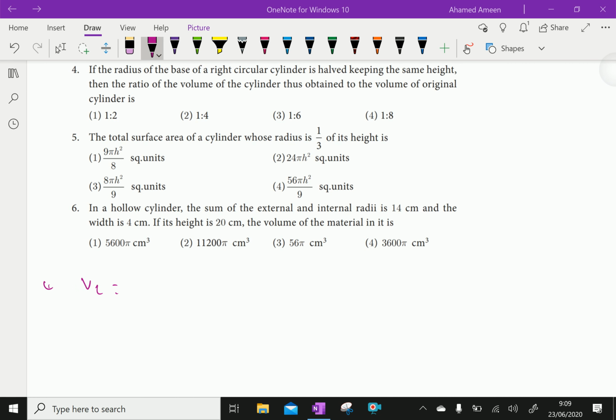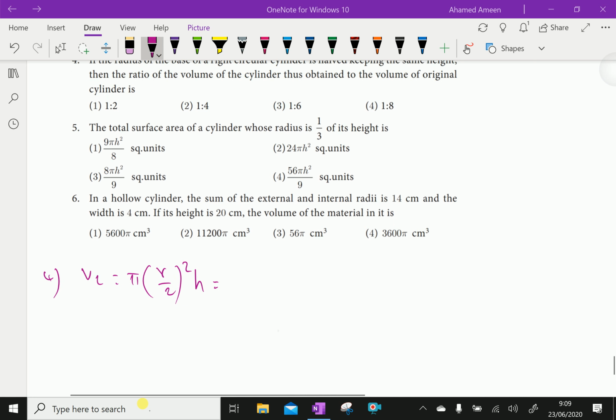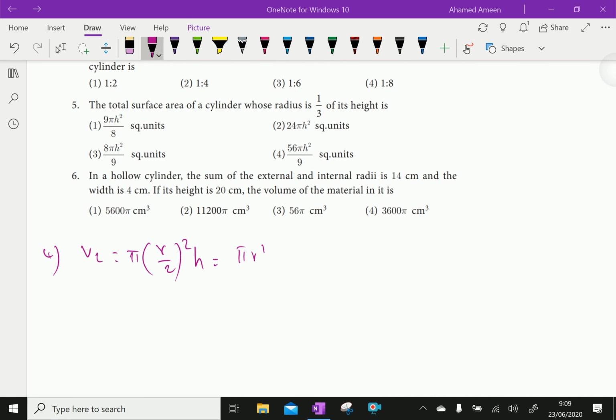V2, the volume of the second cylinder, is pi, the radius is halved, that is R by 2 squared. Height is same, which gives pi R squared H by 4. Already V1 is pi R squared H.